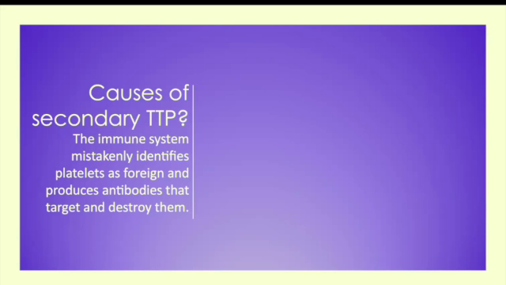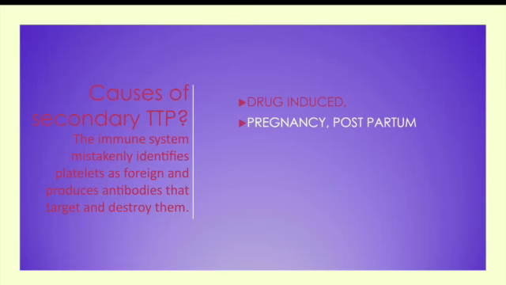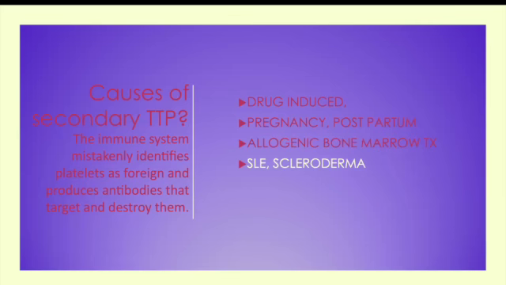So platelets are essential for blood clotting, and low platelet counts will lead to increased risk of bleeding. So you're going to have reasons like drug-induced as your secondary, pregnancy again postpartum, allogenic bone marrow transplant, SLE, scleroderma, and then HIV.